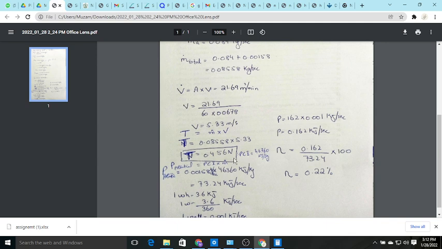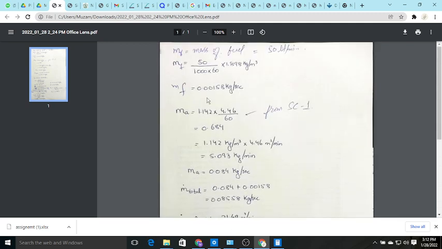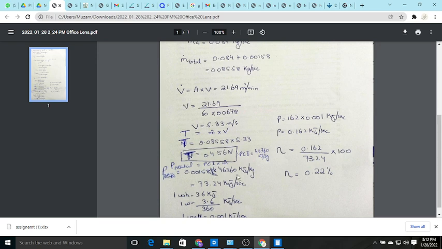Okay, so we got the thrust value 0.456 Newton, and from the calorific value of propane, 46360 kilojoules per kg, we multiply with the mass flow rate of the fuel, 0.0058. Yes, so we get the power potential of the fuel. We are burning 73.24 kilojoules per second.